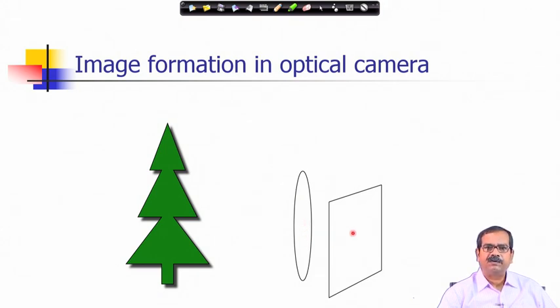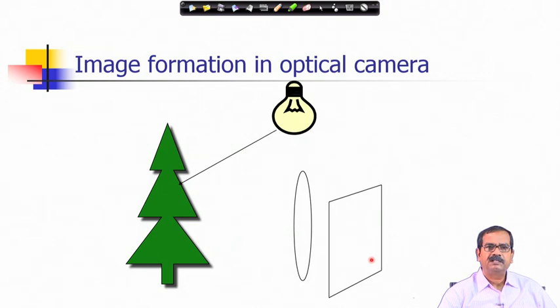The images are formed there, and those points are finally sensed by corresponding sensors and digitized, and you get a digital representation. So, let us see how a point in a three-dimensional space is mapped to an image point, and how it can take place.